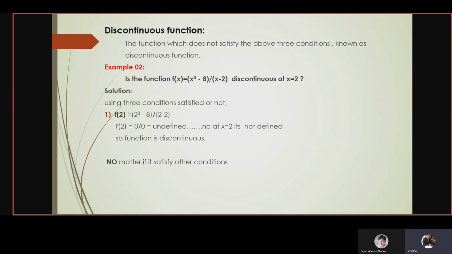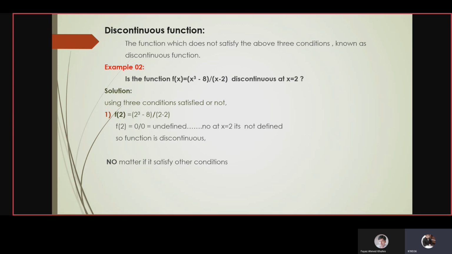Similarly, there is a discontinuous function. There are three conditions; if one of them is not satisfied, or all three are not satisfied, I will say it is discontinuous. I have given the function x cube minus 8 over x minus 2 at the point x equal to 2. I check one condition, f of a, meaning f of 2.